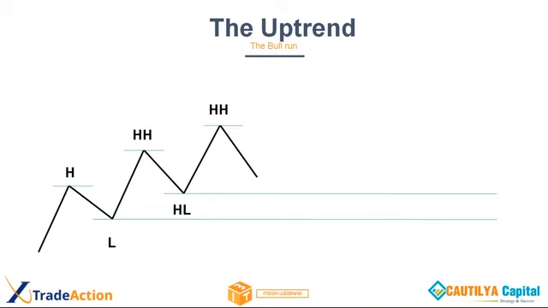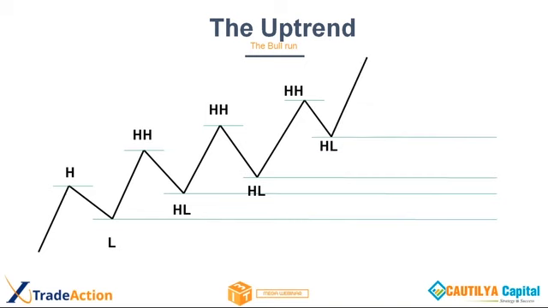It forms a higher high and then a higher low, and higher high and then a higher low, and finally one fine time it forms a higher high but it ends up in a lower low. That is when we say that the uptrend is broken.